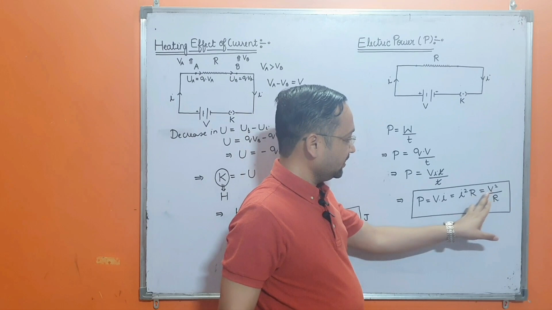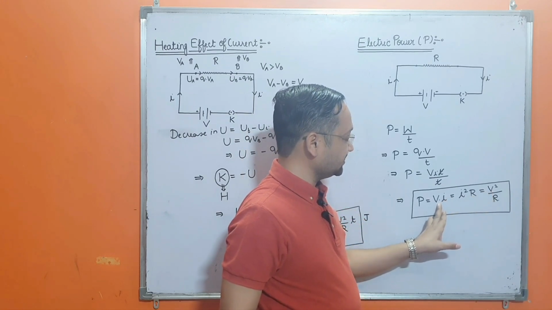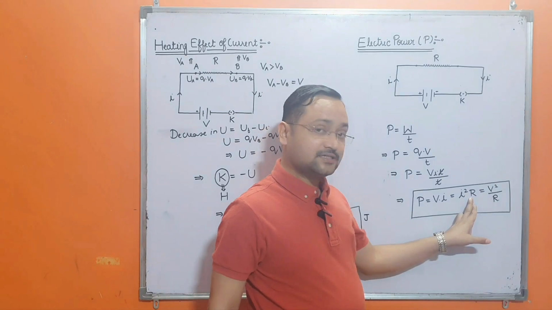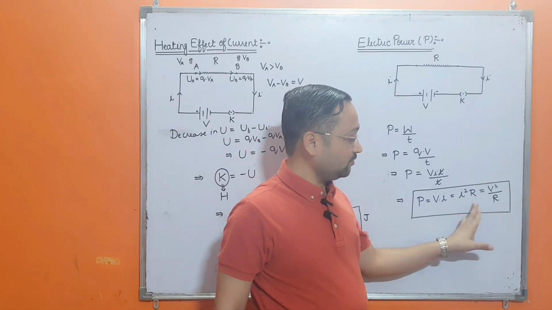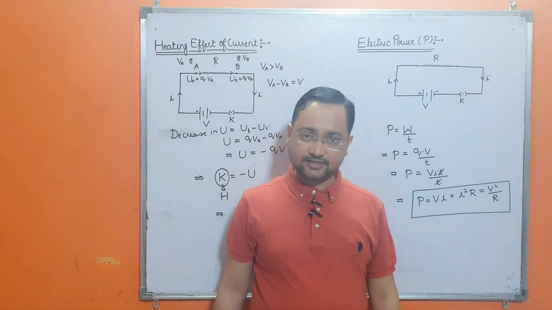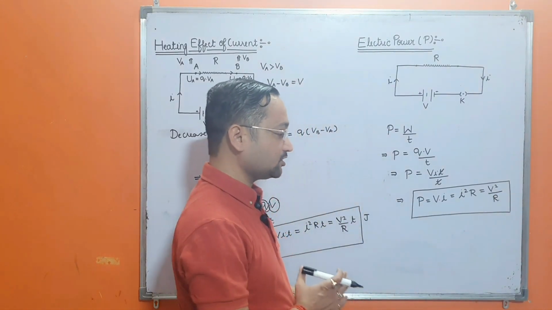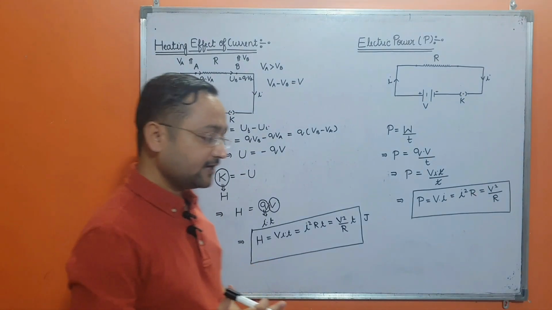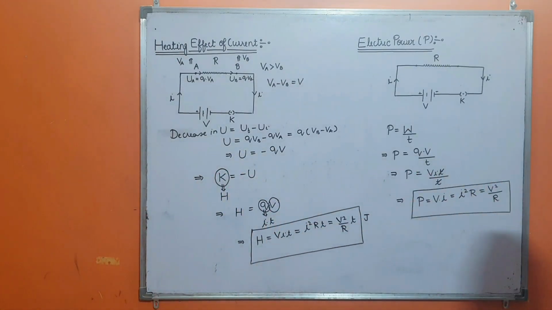Now, when resistance is unknown, you will use this formula. When the voltage is unknown, you will use this formula. When the current is unknown, you use this formula of the electric power. So this is the expression of the electric power. Now next we come to the expression of electric energy.